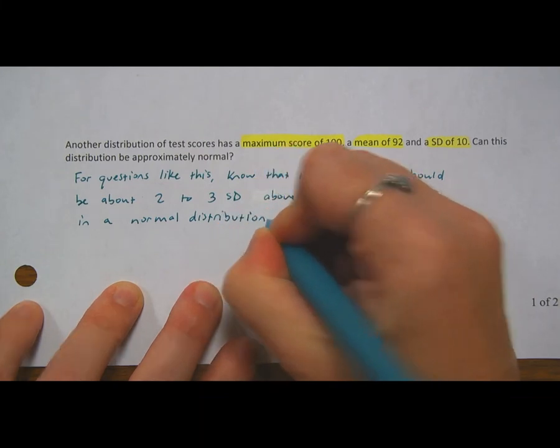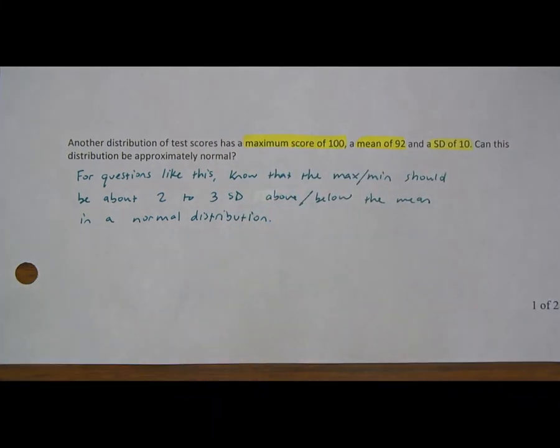The question is, we are assessing for normality. We're given the maximum value, the mean, and the standard deviation, and we have to prove whether or not this could be normal, that bell-shaped curve, just based on this information.